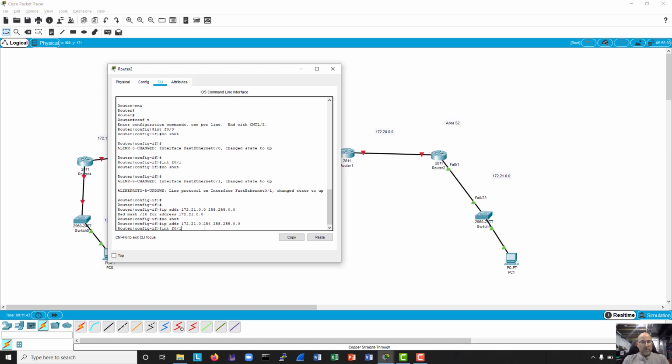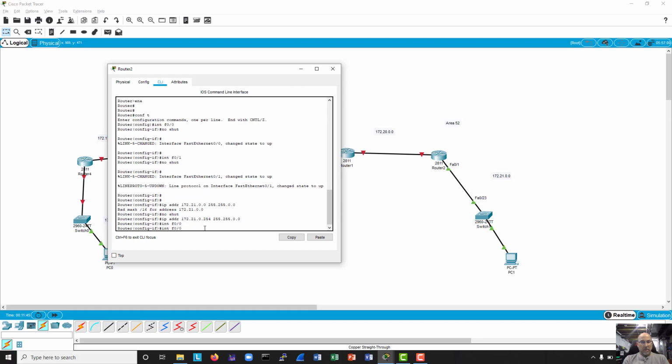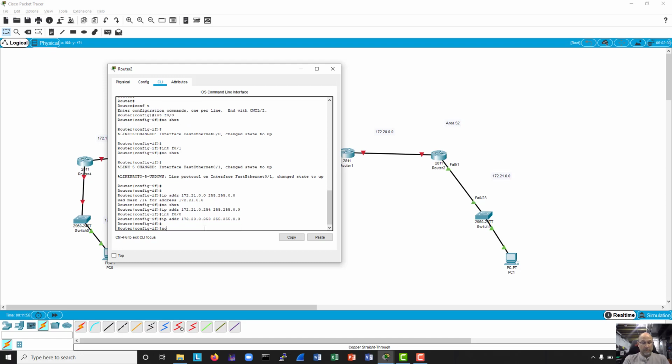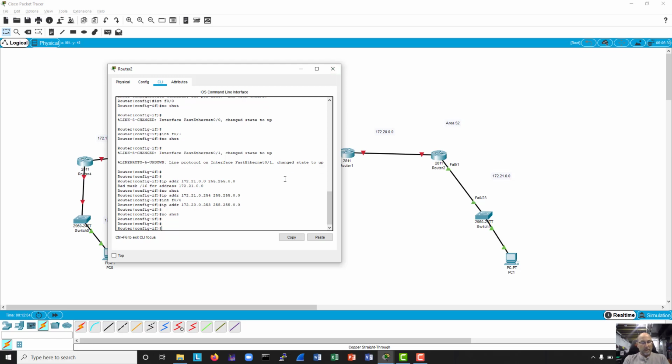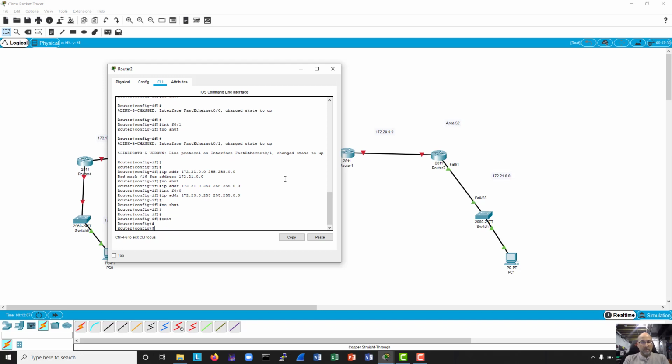We're going to do 0 now, and this one is going to be on the 20 network. Hopefully I am remembering the IP addresses that I used. All right, so this is 23. I may have to try to remember which end is 253 and which end is 254.